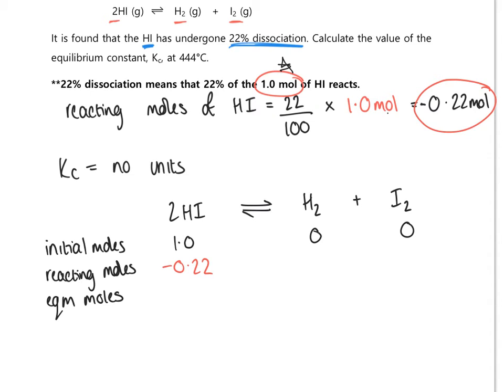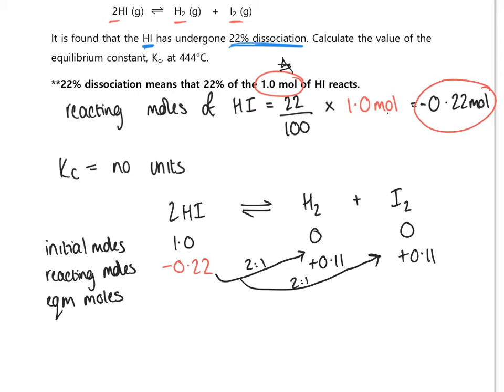Yeah, good. So I use my ratio, and that means I need to divide by 2 because the ratio is 2 to 1. So what are my reacting moles of hydrogen? Plus 0.11, and it's going to be exactly the same for iodine because the ratio is 2 to 1 as well.